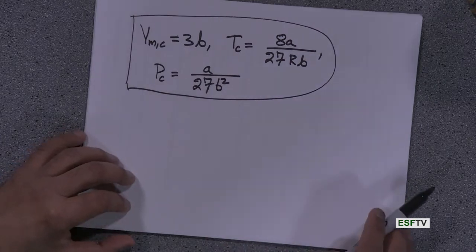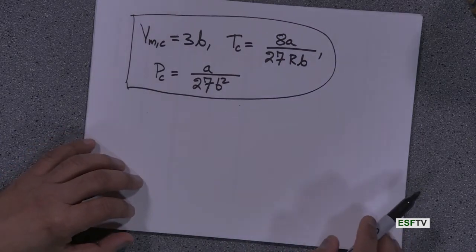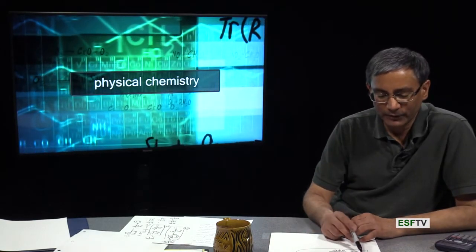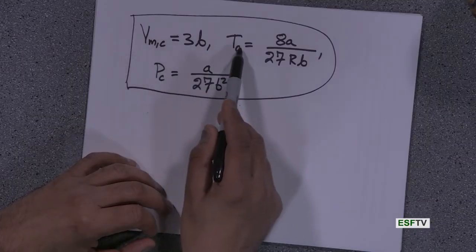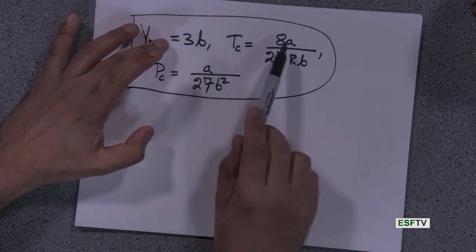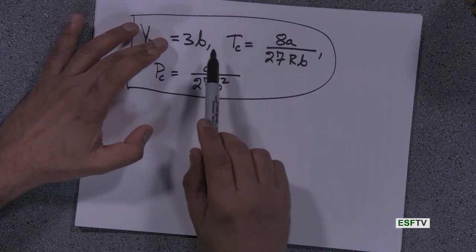This is useful because it tells us now that if we look at, say, a given gas, say nitrogen, and experimentally we know the critical molar volume, we know the critical temperature, if we know that from a measurement, then we can use that to calculate little a and little b for that gas.